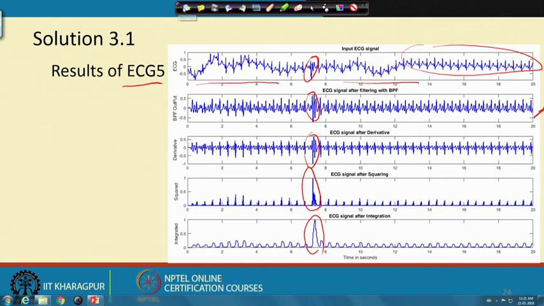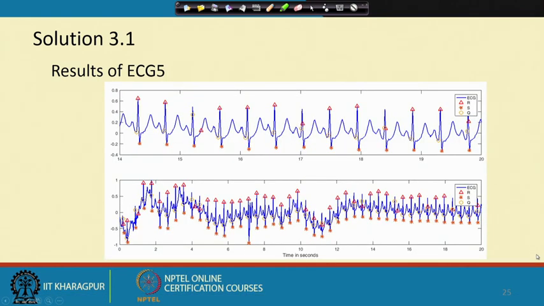So, let us see what the impact of it would be after the thresholding. After the thresholding, as that one very high peak was there, it is pulling the threshold above, and what has happened is that some of the peaks are missed. So, this is one such example, that the R wave is missed.